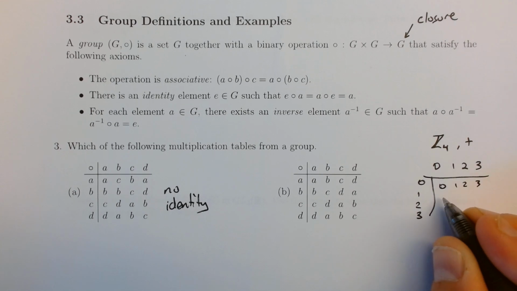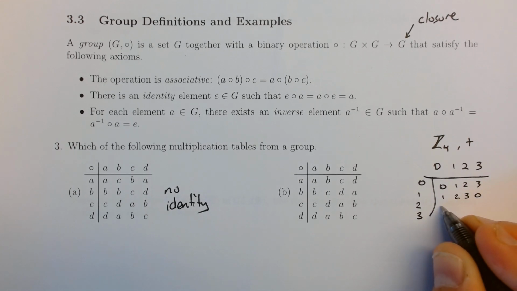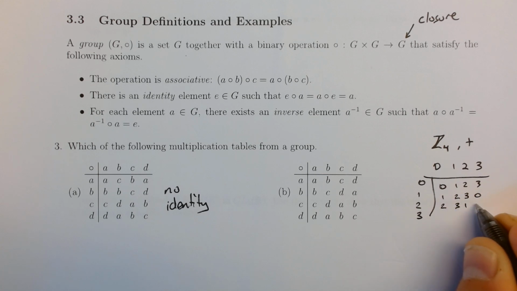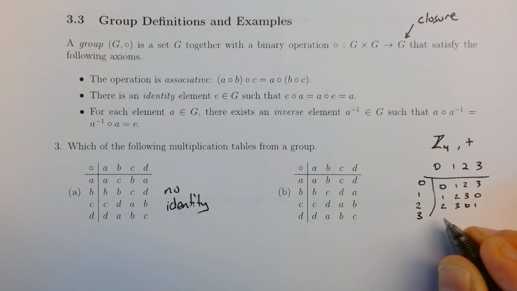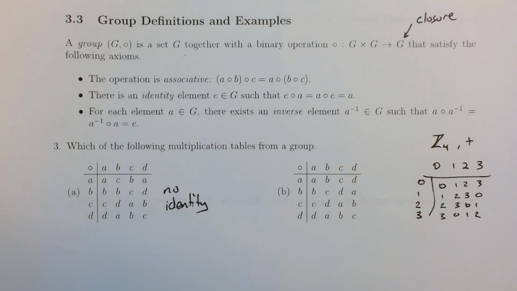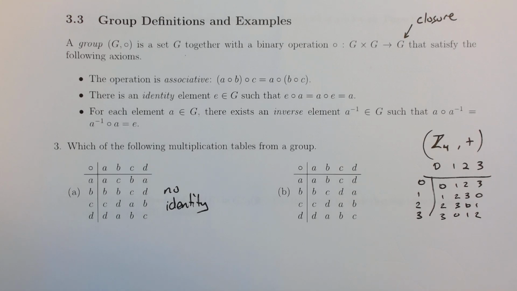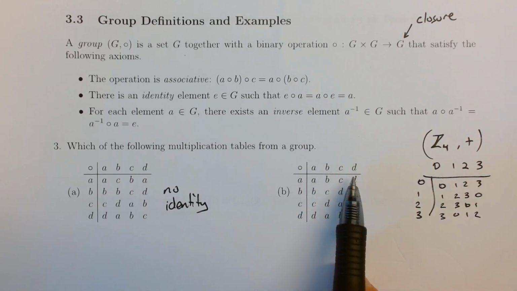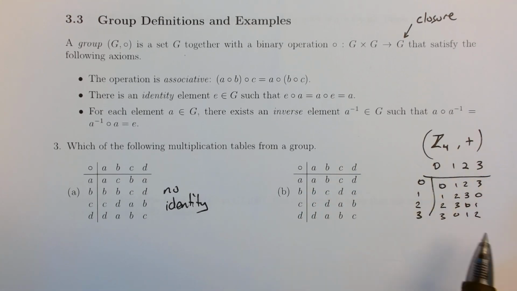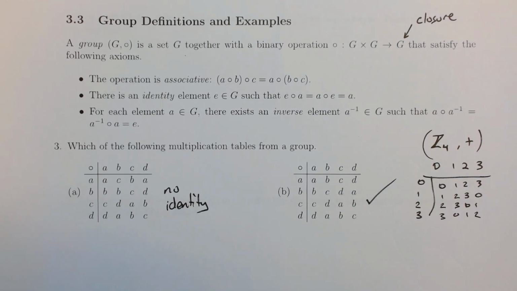You're just adding mod 4, 0, 1, and then finally 3, 0, 1, 2. So that's what the Cayley table would look like for Z4 under addition. And notice if you just rename them to A, B, C, and D, you get the exact same thing. So this is a group. I'll just do a little check mark. So that one is a group.